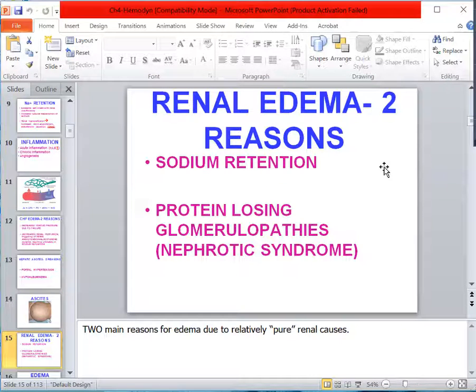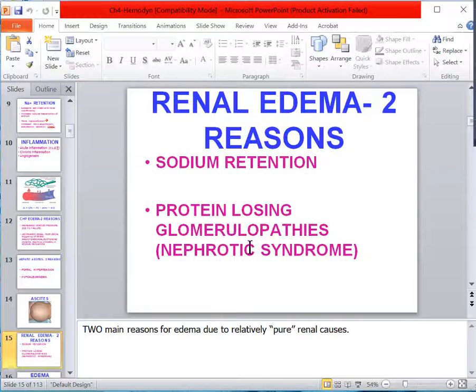Why would you get edema if you have kidney disease? Well, let's take the easy one first. They're both easy to understand. One is that in many types of kidney disease, particularly glomerular kidney disease, there is a problem with the glomerular basement membrane.